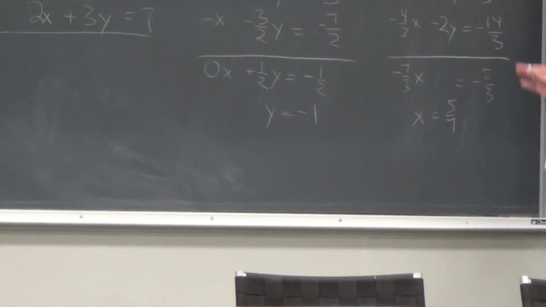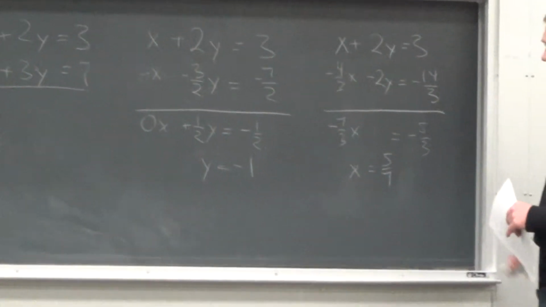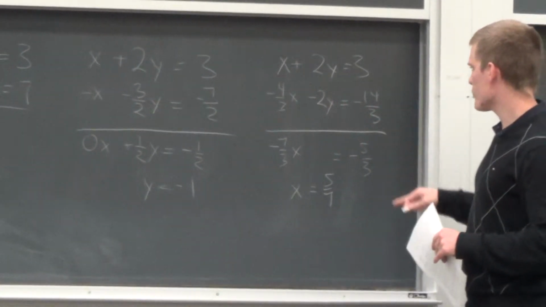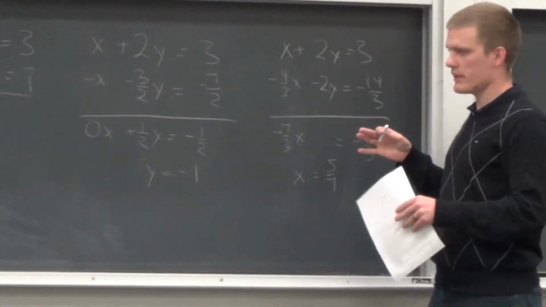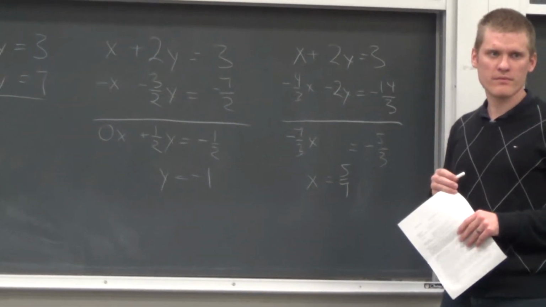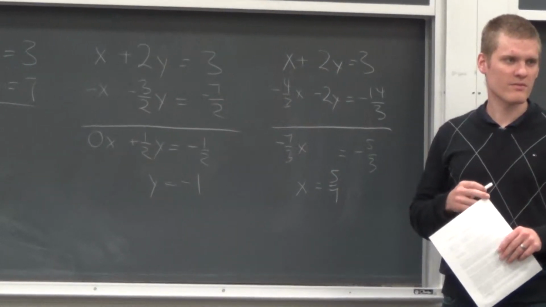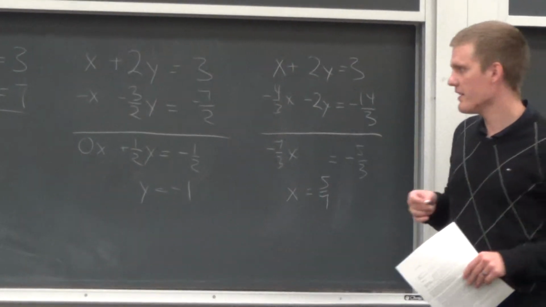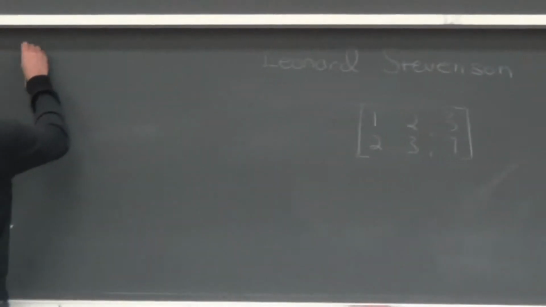Alright, now, if we want to try and translate this into operations on the matrix, can anybody tell me what kind of operations we did here? Try and isolate a portion of what we did. Does anybody have any ideas? Yes, we multiplied one of the rows by a scalar.